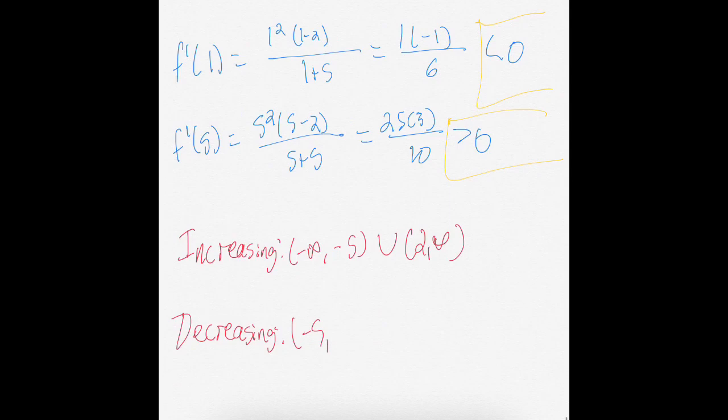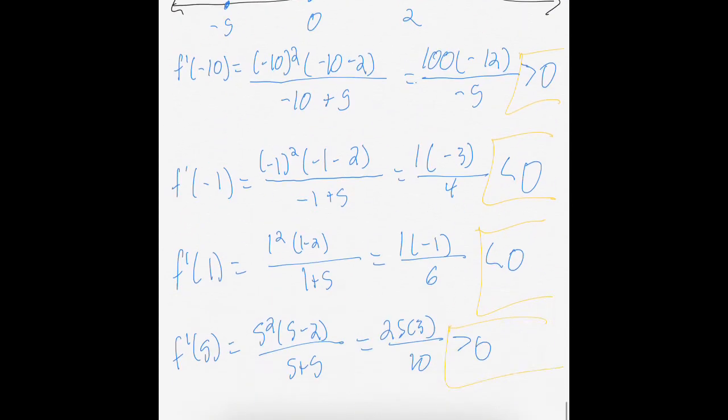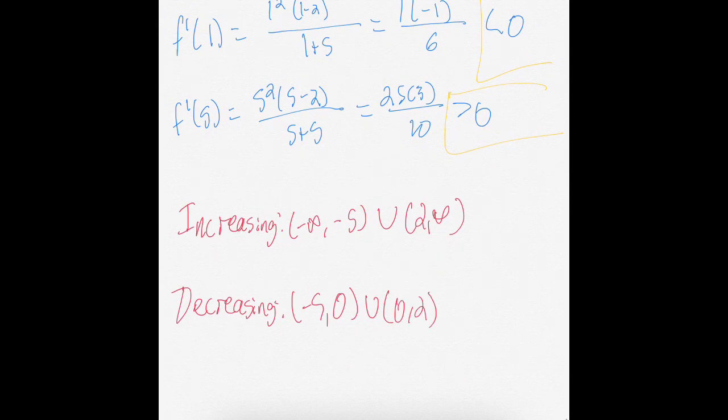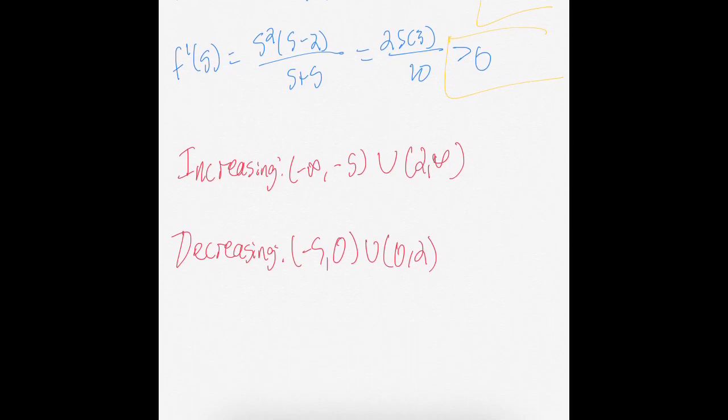Remember the fancy looking U. And the function is decreasing from negative 5 to 0, union with 0 to 2. If you wanted to, you could go ahead and include 0 and just write this as negative 5 to 2.